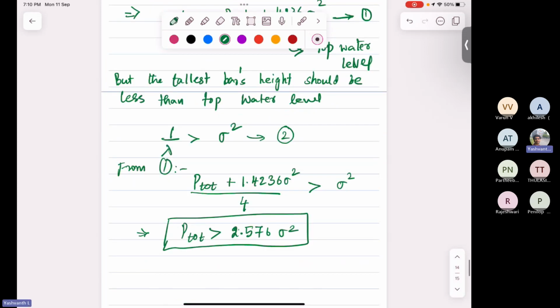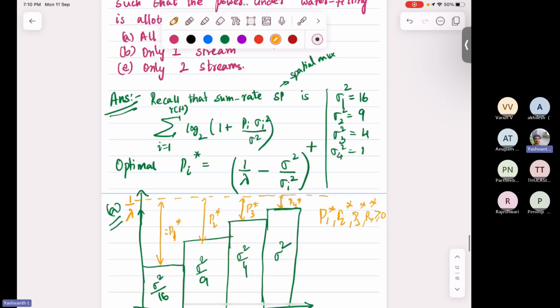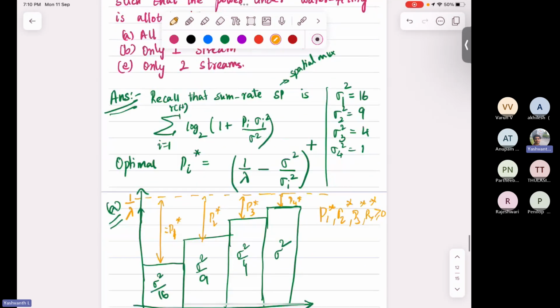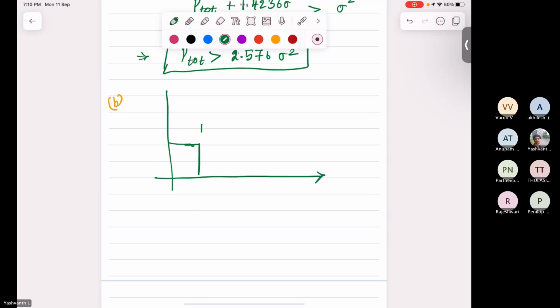Okay, fine. Now let's see the second question. That is, only one of the streams should be filled. Now let me draw the diagram. Which of the 4 streams should be filled? First stream.